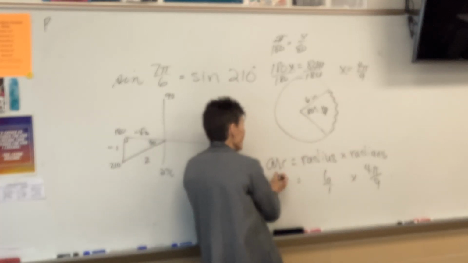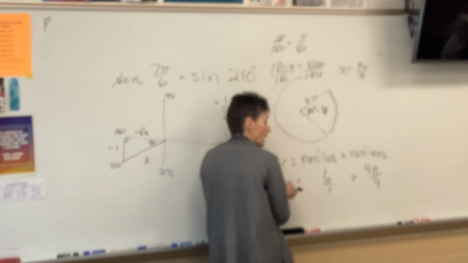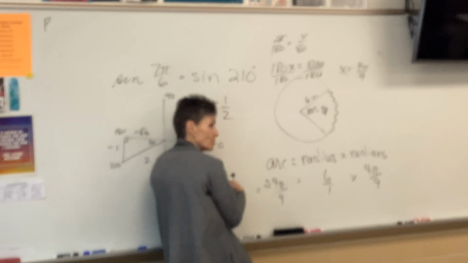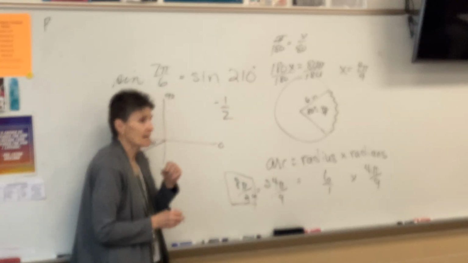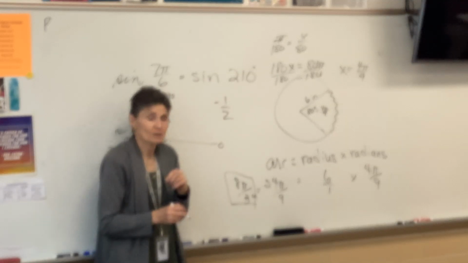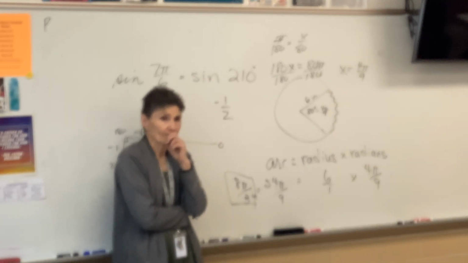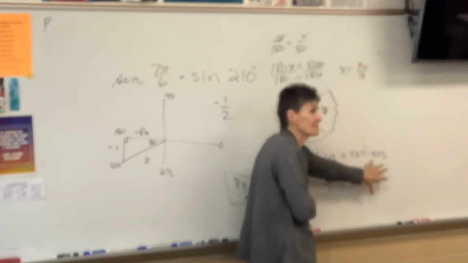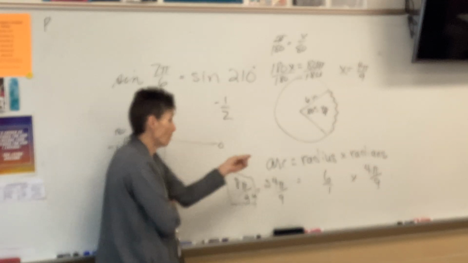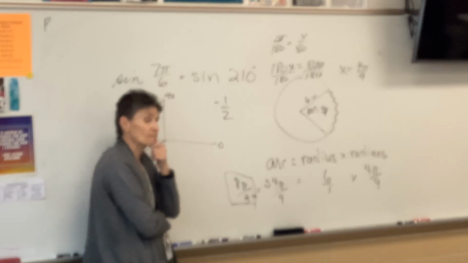So I get 24 pi over 9, which reduces to 8 pi over 3 inches. So your answer is 8 pi over 3 inches. That's a 2-step problem. And several of you did this perfectly, but stop. You need to multiply that times the radius.